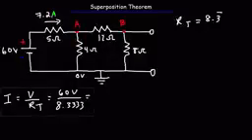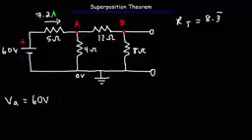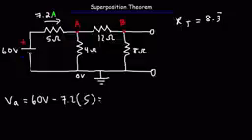Now that we have the current flowing through the 5 ohm resistor, we can calculate the potential at A. The potential at A is going to be the potential of the battery, 60 volts, minus the voltage drop of the 5 ohm resistor. So the voltage drop is going to be the current flowing through it times the resistance. So 60 minus 7.2 times 5, that's going to give us a potential of 24 volts.